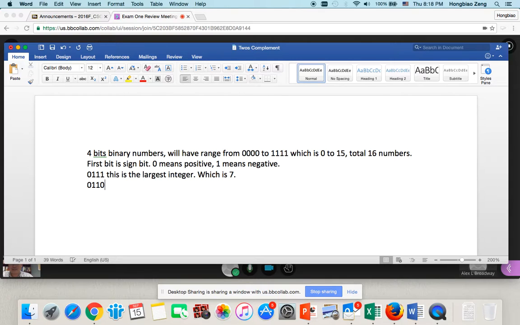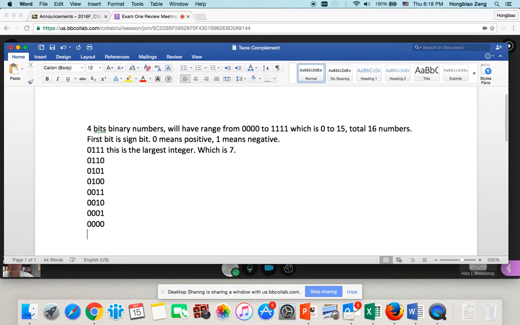So 0110 is 6, then 0101 is 5, then 0100 is 4, 0011 is 3, 0010 is 2, 0001 is 1, and then 0000, which is 0. Now, how about the negative numbers?